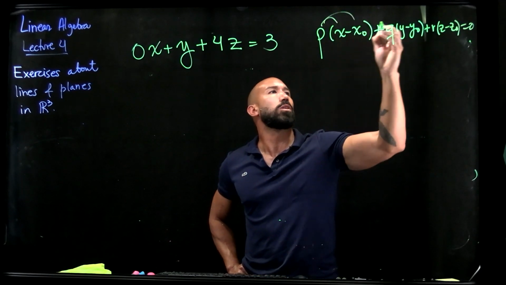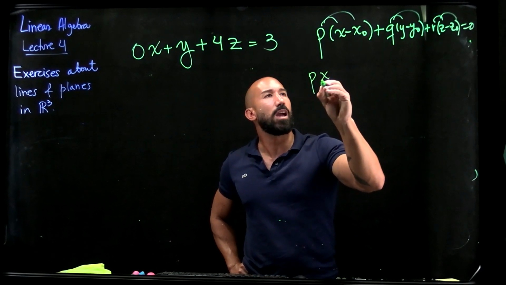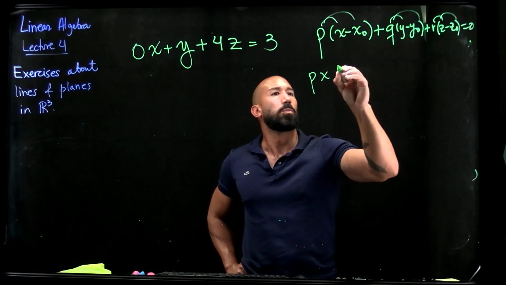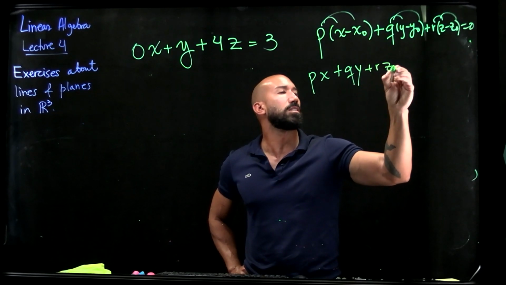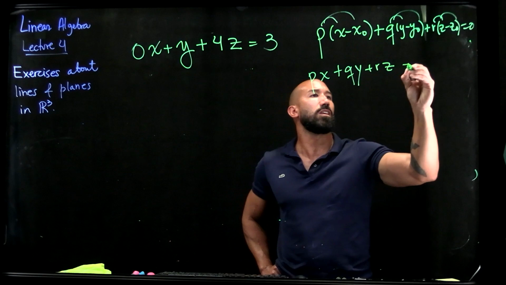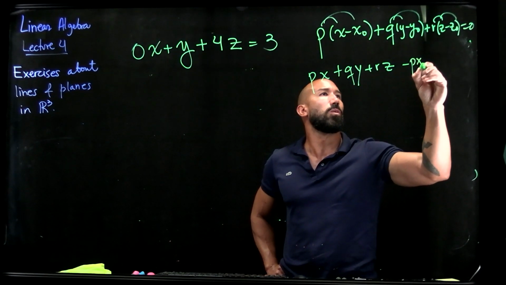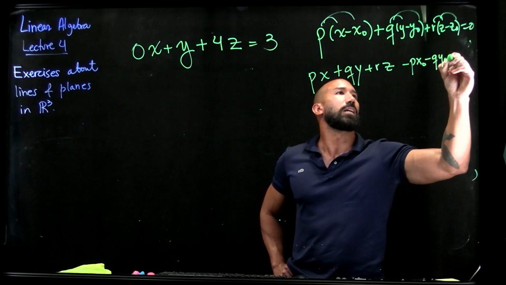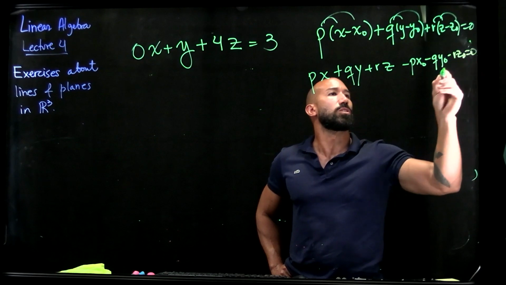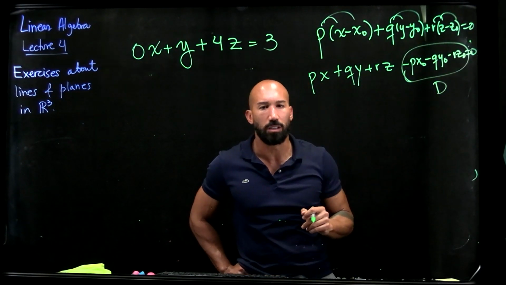But I can distribute here, and here, and here, and this becomes px plus qy plus rz, and then I have this constant, minus px0 minus qy0 minus rz0, equal to 0. So this is the number d.